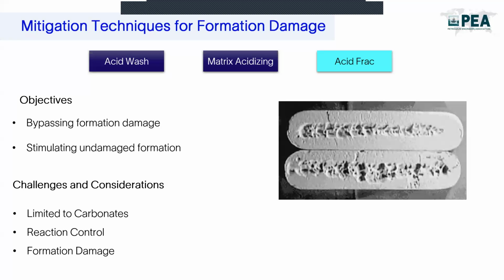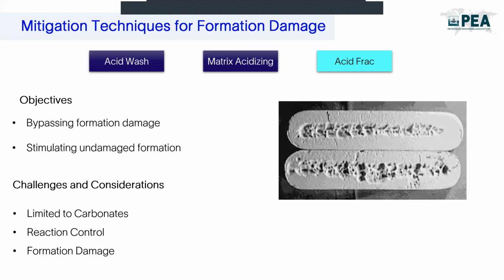As you see here, the first one is bypassing formation damage, and the other one is stimulating undamaged formation. So this is the advantage of acid frac, to not only bypass the damage as could be done by matrix acidizing, but also stimulate the undamaged formation. So we go deep into the formation.